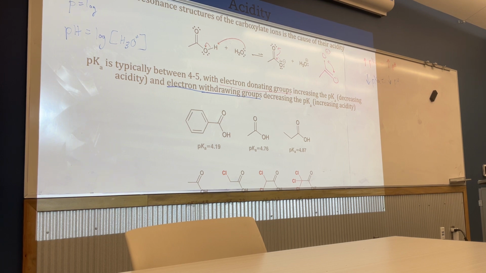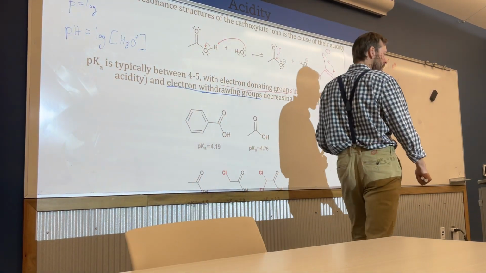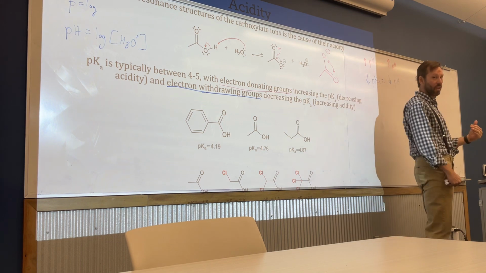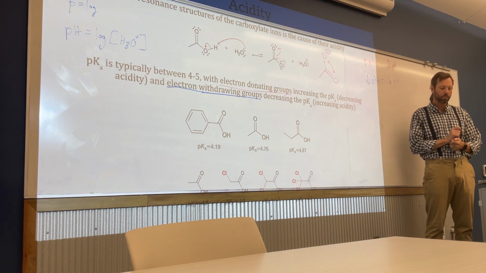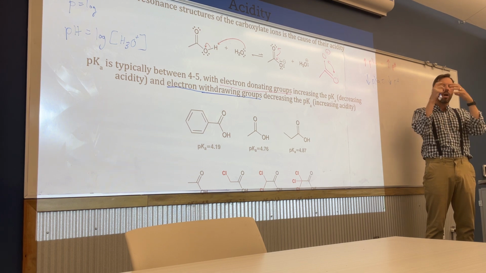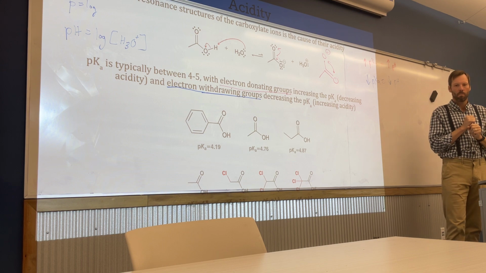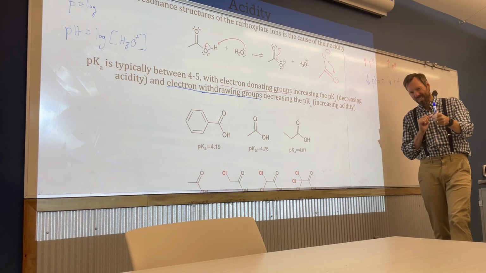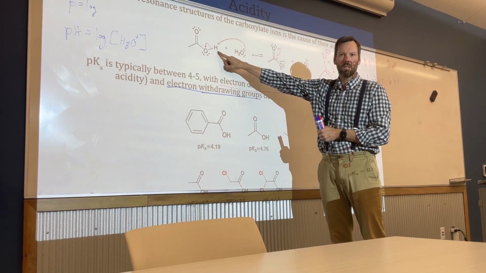Once we get further down into it, though, we're starting to add chlorines, and look what it does. It drops that pKa way down, and thus the pH is very low. And so if you have a lot of electron density, the proton is going to want to stick on to that carboxylic acid group.